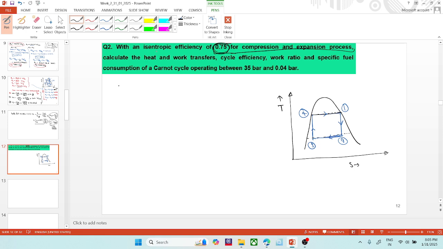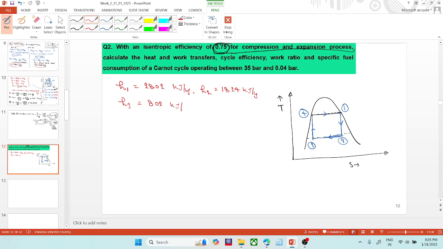So what we have got, the H1 value we have determined is 2802. I'm not writing the after decimal part. Kilojoule per kg. H2 was 1824 kilojoule per kg.